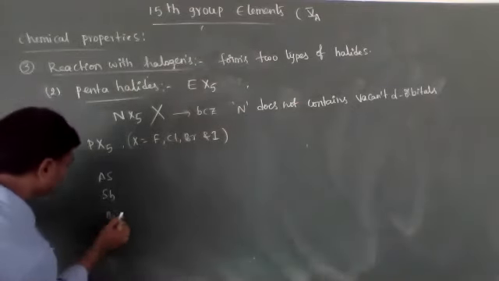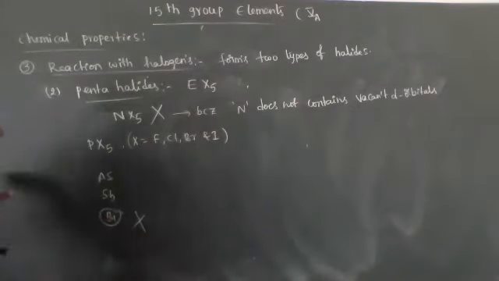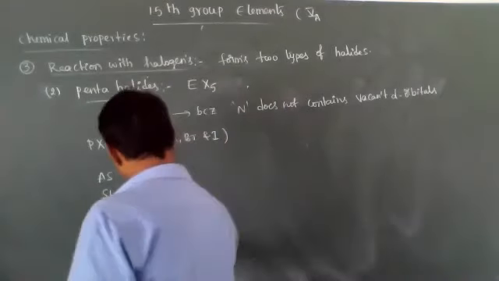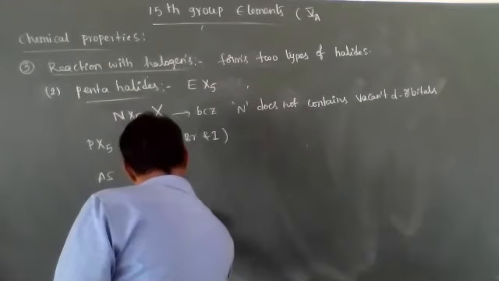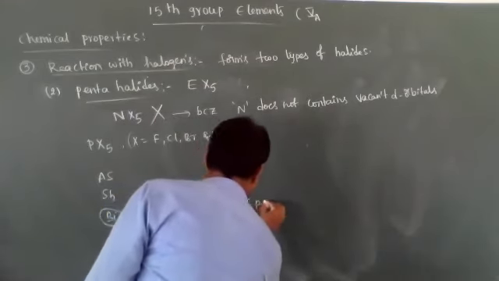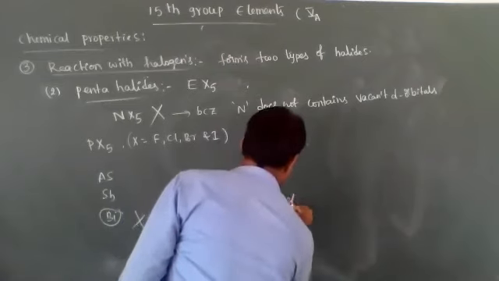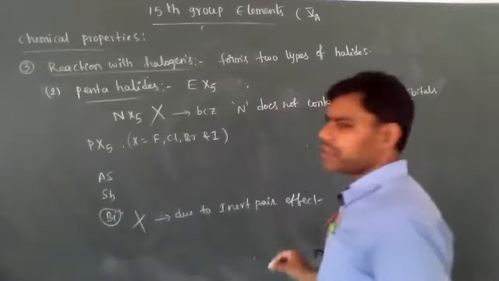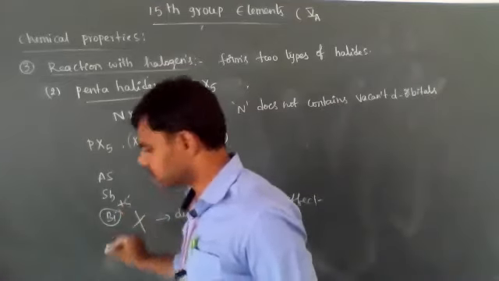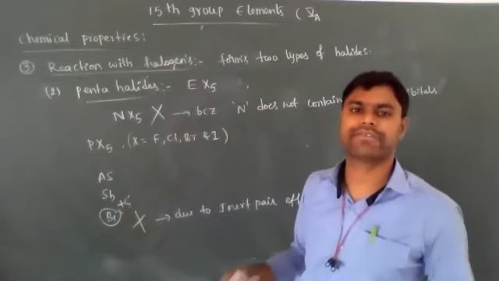Bismuth does not form pentahalides because of the inert pair effect. Due to the inert pair effect, bismuth in the +5 oxidation state is unstable. That's why bismuth pentahalides never exist.